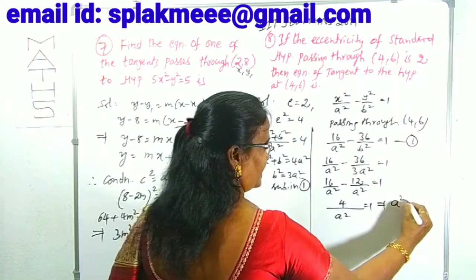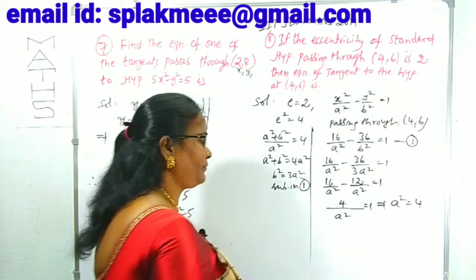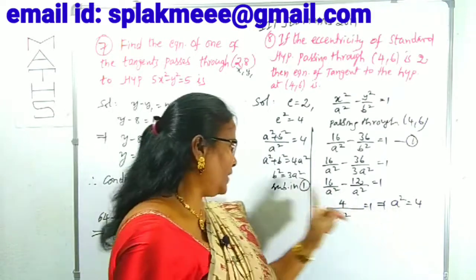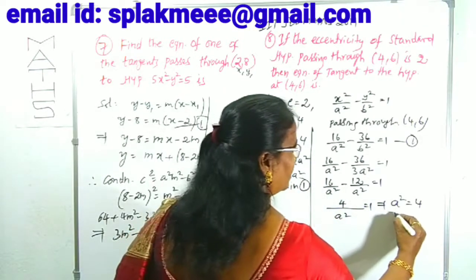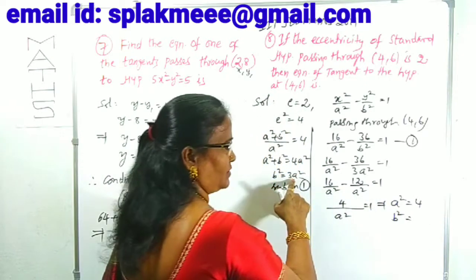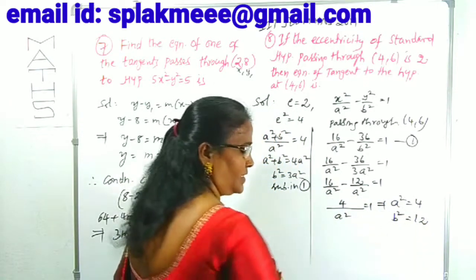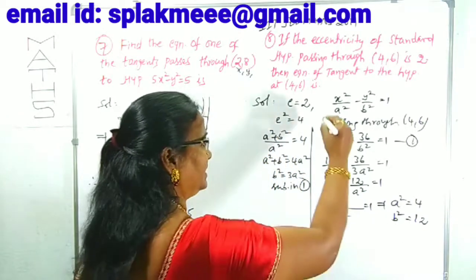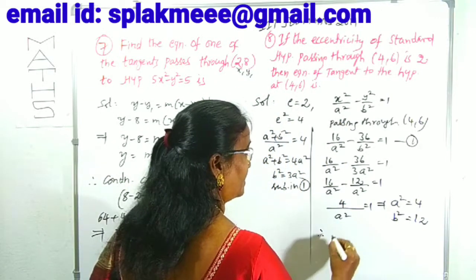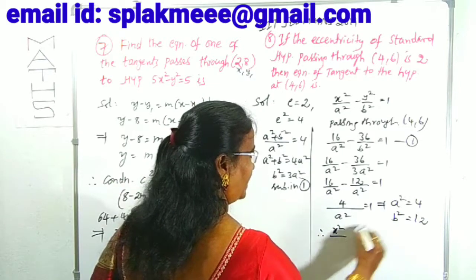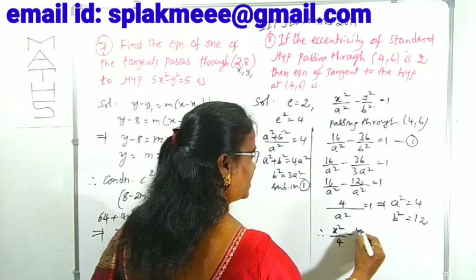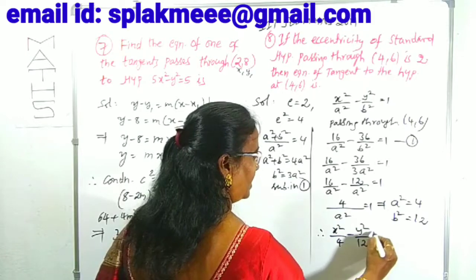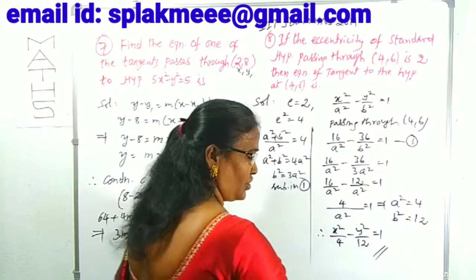Simply, we got a square is equal to 4. What about b square? b square is equal to 3a square, 3 fours are 12. Now we got a square and b square, so the equation of the hyperbola is x square by 4 minus y square by 12 is equal to 1.